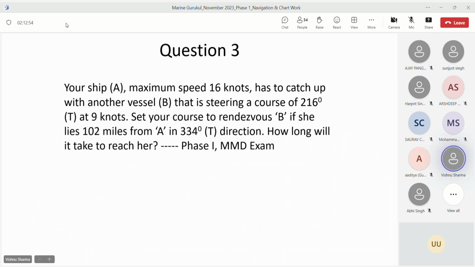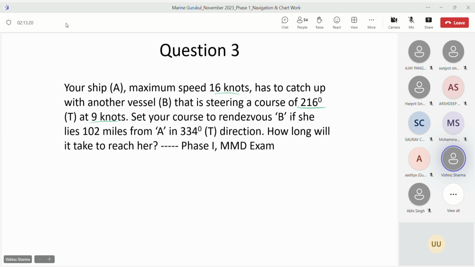Question number 3 is from the MMD exam, in which it was not based on any chart where relative position is given. You remember I told you the target vessel position may be given in lat long, maybe PLPC like the previous question, and now relative to own ship's position. A ship of maximum speed 16 knots has to catch up with another vessel B that is steering a course of 216 at 9 knots.